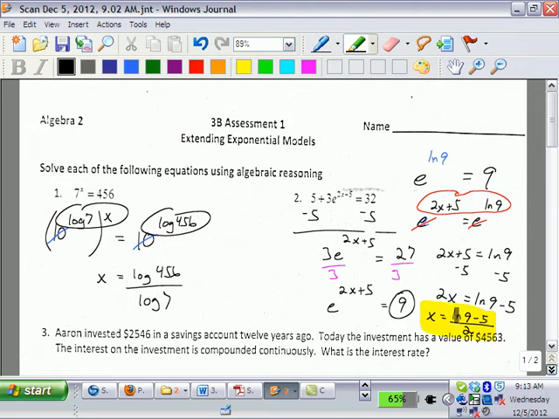No, that would be right. You could write it like that. So there's your exact answer.